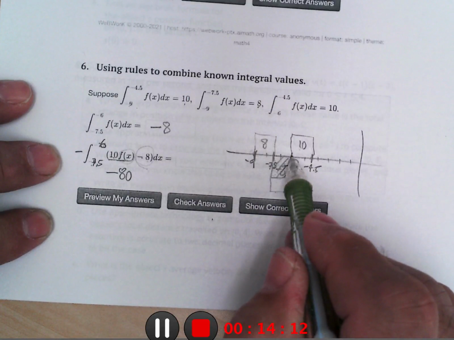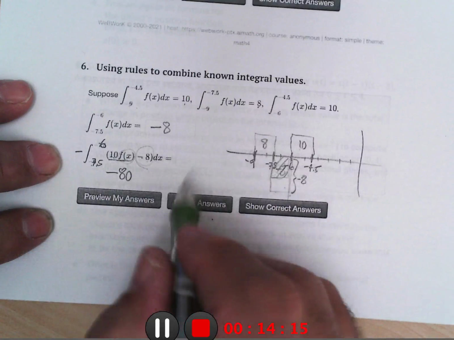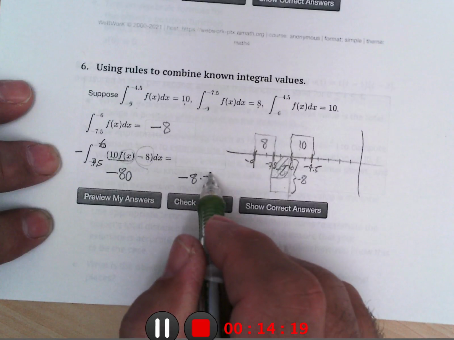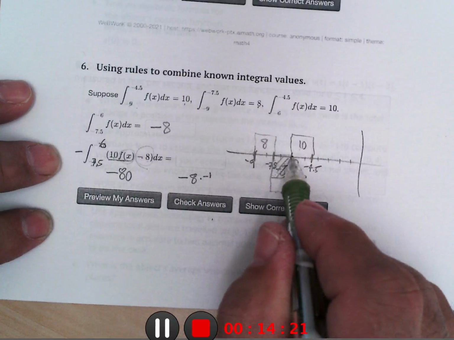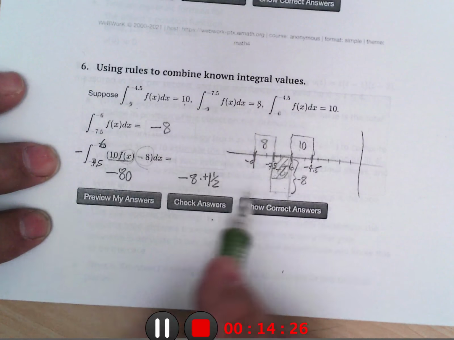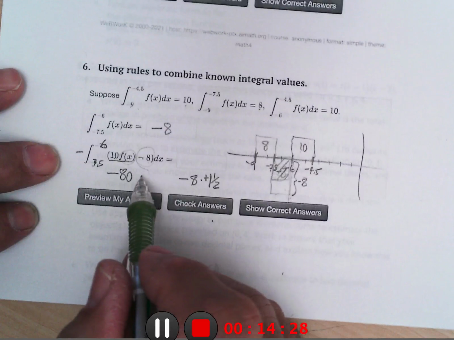So that area, -8 times, this is a positive 1.5, so that would be -12.